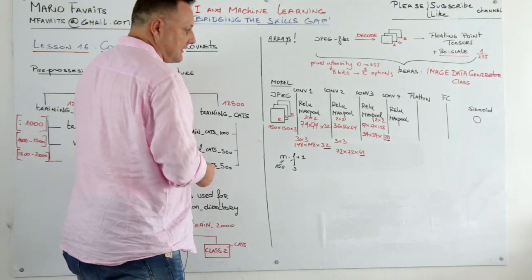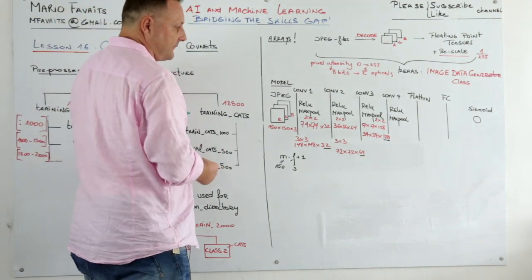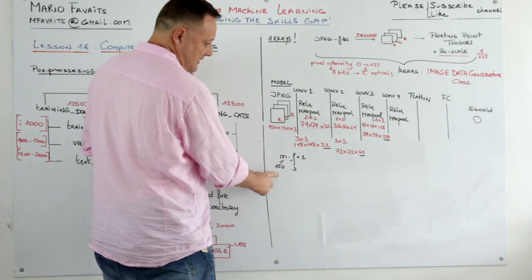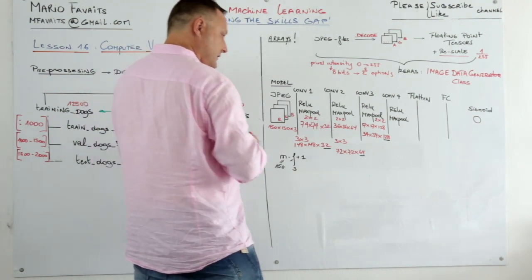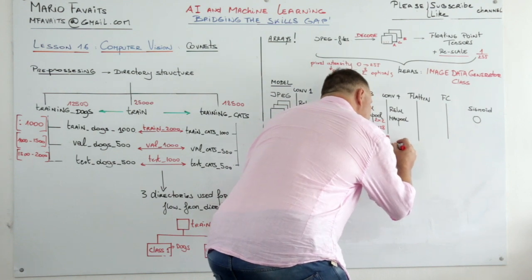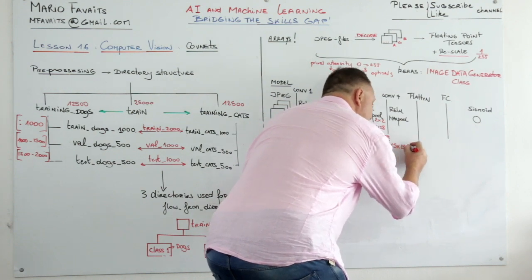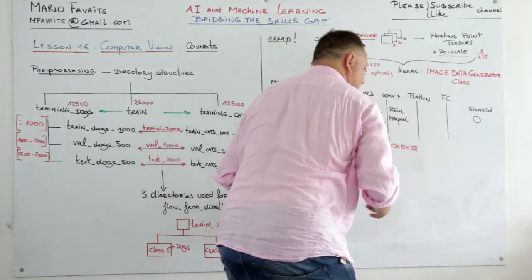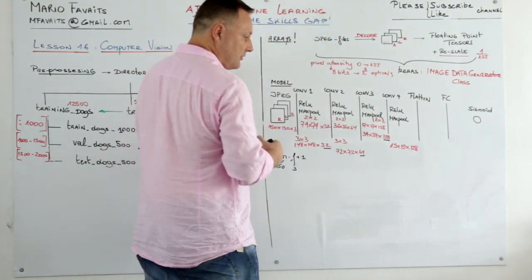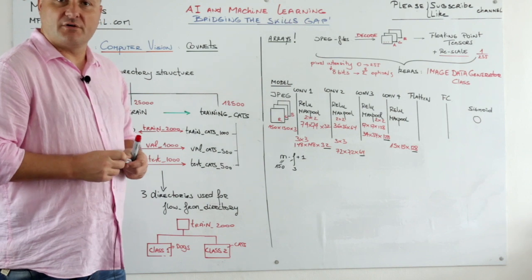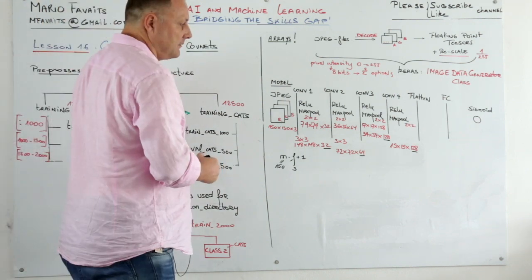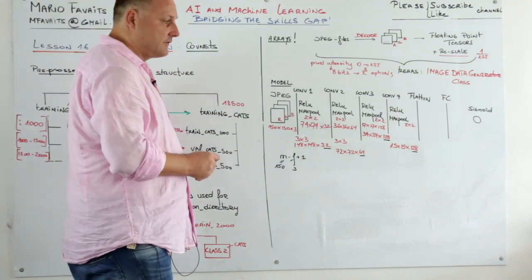Okay, so let's take a look at the next layer now. So we have 17 minus 3 is 14 plus 1. So this is going to be a 15 times 15 times 128. So here again we use 128, which is the same as the previous convnet layer. Here again we will max pool 2 by 2.